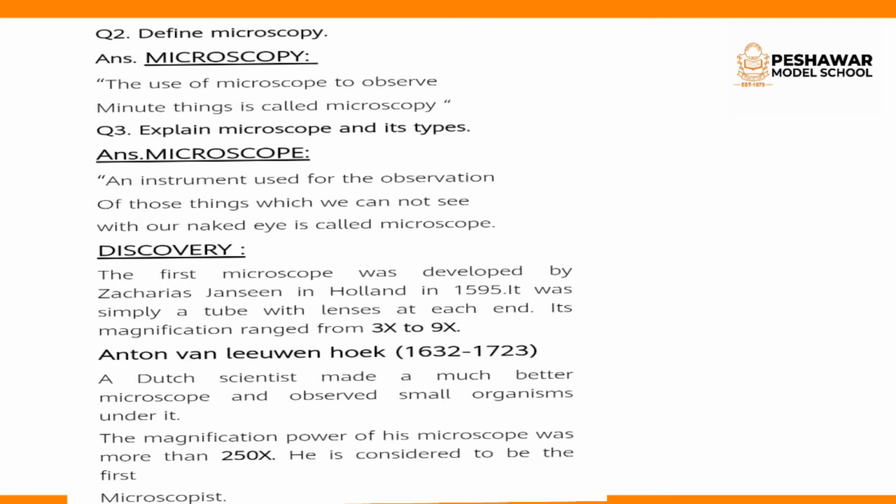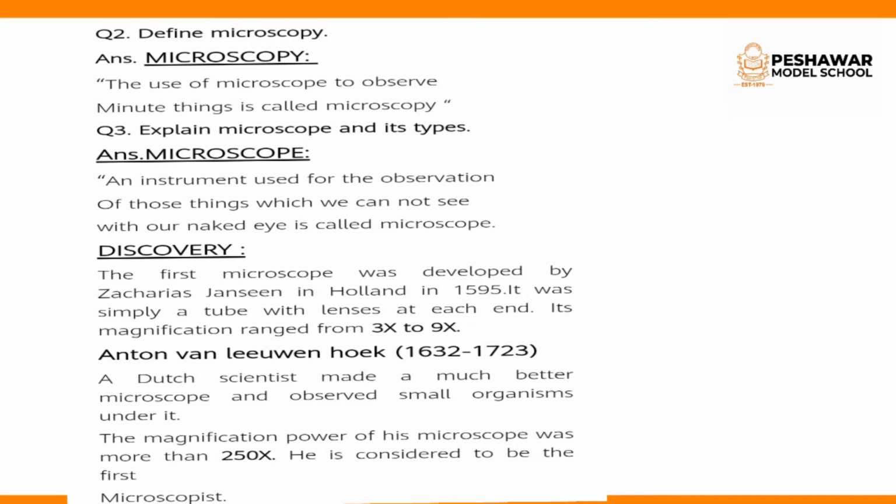The definition of a microscope: it is an instrument used for the observation of those things which we cannot see with our naked eye, and we study them with the help of an instrument known as the microscope. When was the microscope discovered? The first microscope was developed by Zacharias Janssen in Holland in 1595, and it was simply a tube with lenses at each end.